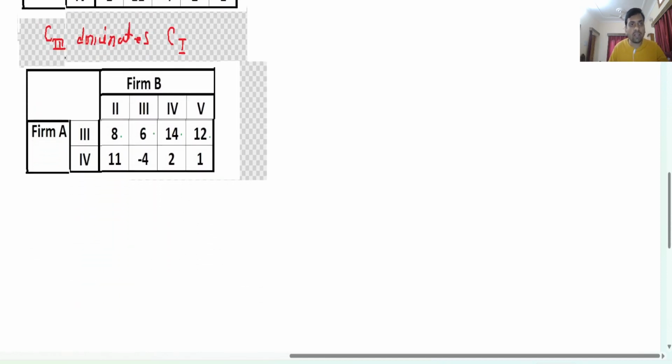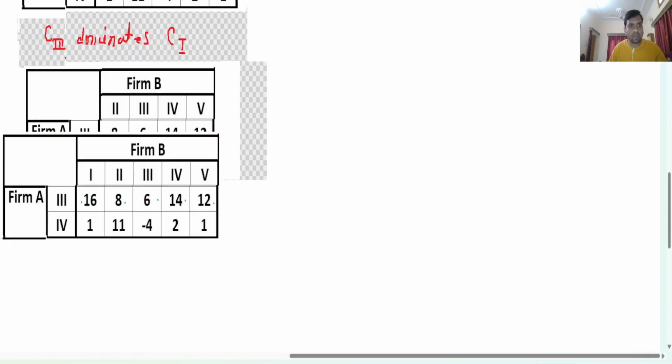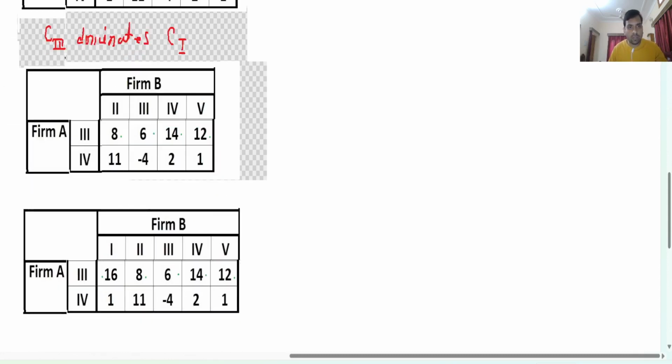Again we will try to eliminate more columns. So now again, the big column, we can compare this one, the second one, with respect to the third. So 8 is greater than 6 and this 11 is greater than minus 4. So we can eliminate this second also. So now this second is removed.